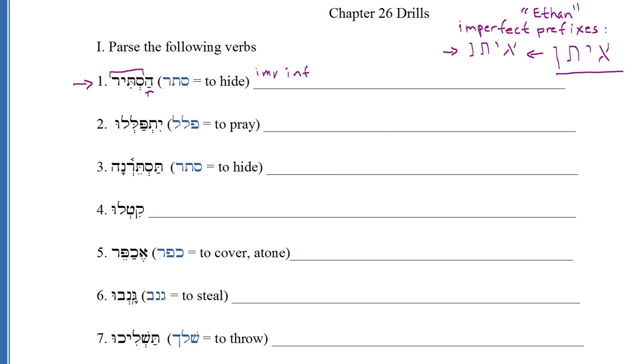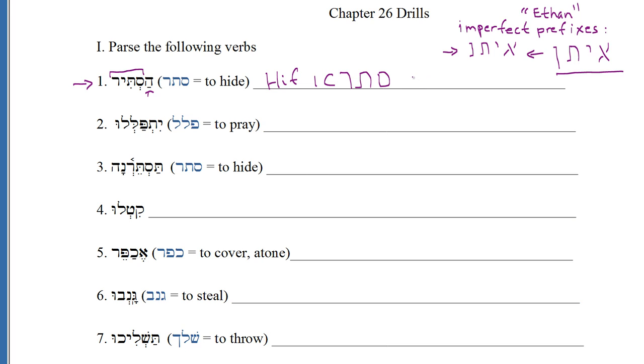Let's come back to our example here. We have hastir, and so we're looking at a Hifil, which we can figure out from the prefix and the prefix vowel, the patach. And here we're not looking at an imperative, we're looking at an infinitive. So we have a Hifil infinitive construct, and our root is satar, which in the Hifil means to hide.